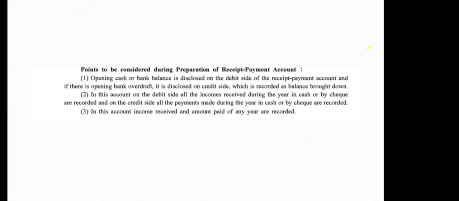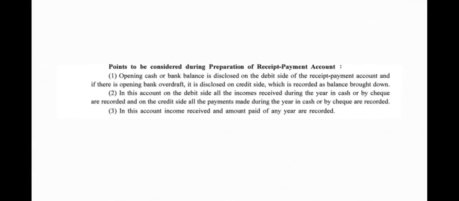Points to be considered during preparation of the receipt and payment account. First, opening cash or bank balance is disclosed on the debit side, and if there is an opening bank overdraft, it is disclosed on the credit side, recorded as balance brought down.